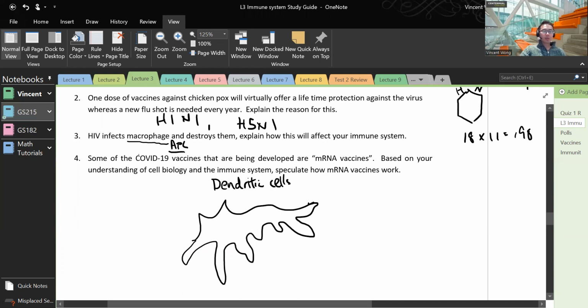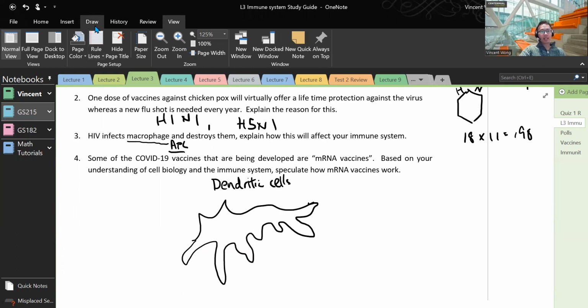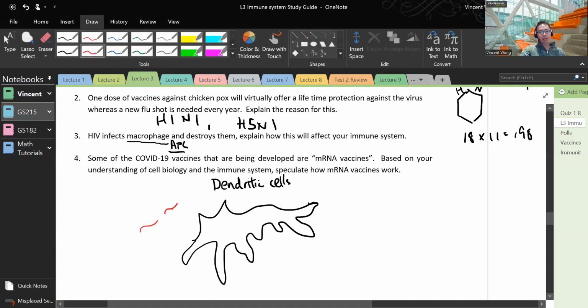What happens is you inject the mRNA, and the mRNA goes into these dendritic cells. The mRNA, if you read anything about this, is surrounded by little lipid bubbles, and it goes into the dendritic cells. The dendritic cells then translate the mRNA and make the spike proteins, the ones found on the surface of the COVID virus.